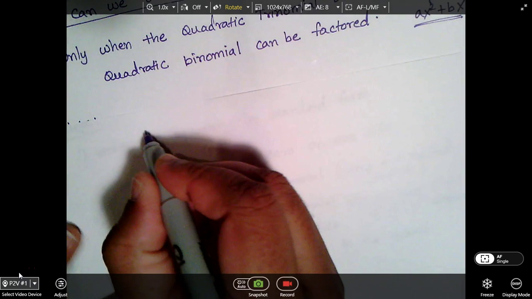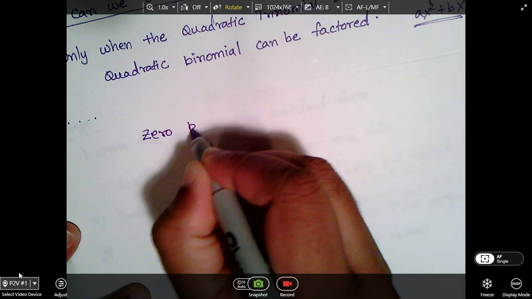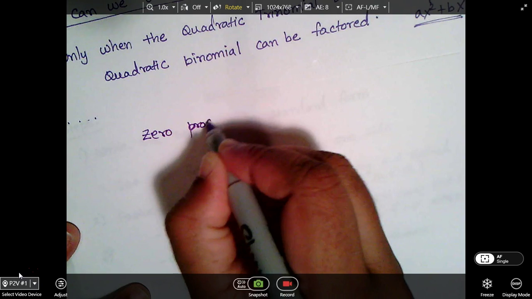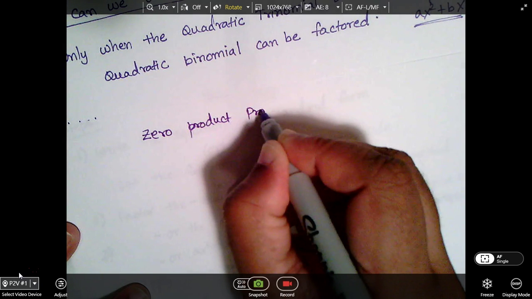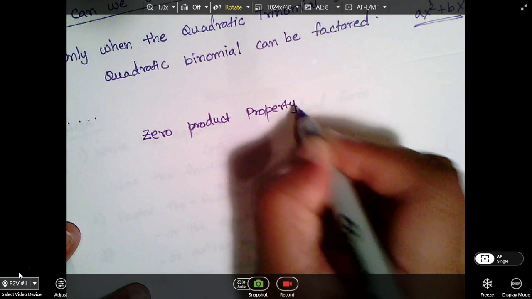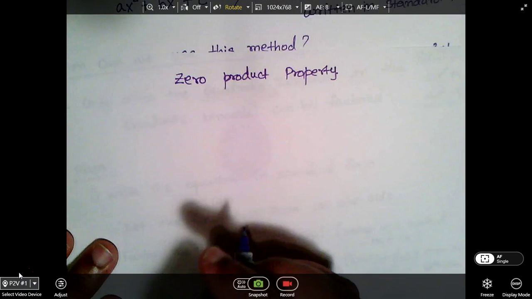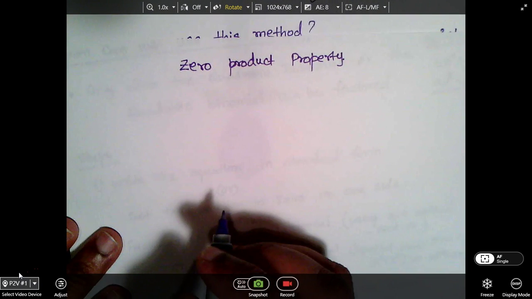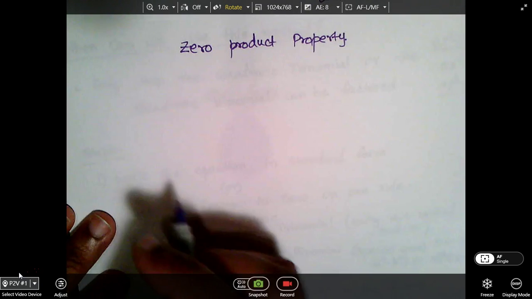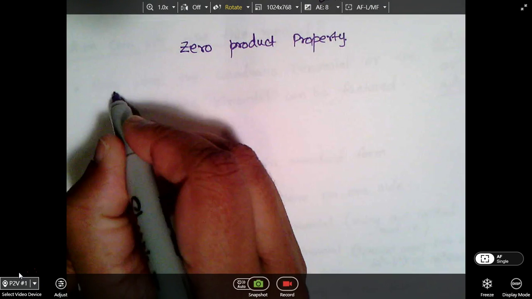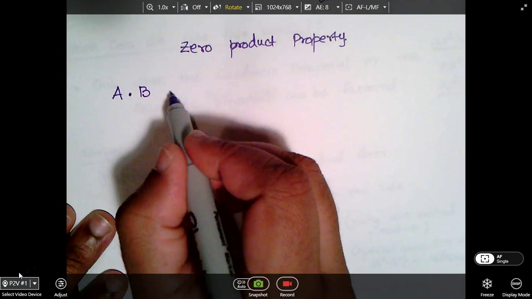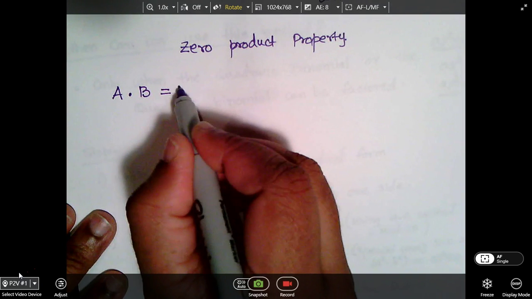What is the zero product property? Say I'm multiplying two things, A times B, and my product turns out to be 0.